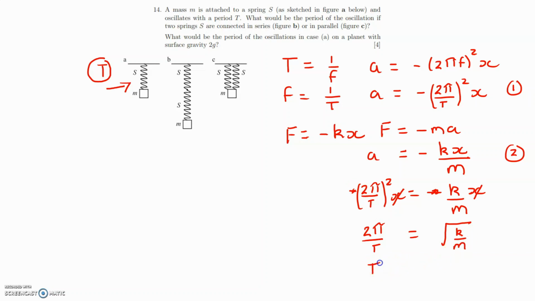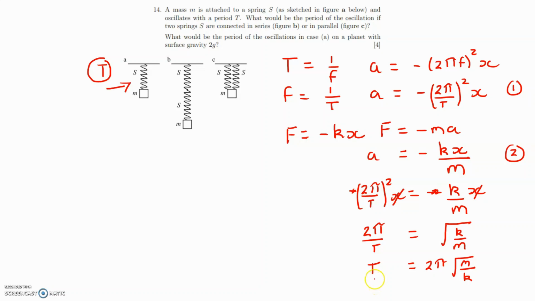Rearranging that to make T the subject, we get T equals 2 pi root m over k. Now you might remember that equation. That is the equation you would have used for one of the endorsed practicals, which gives you the period of a single spring.